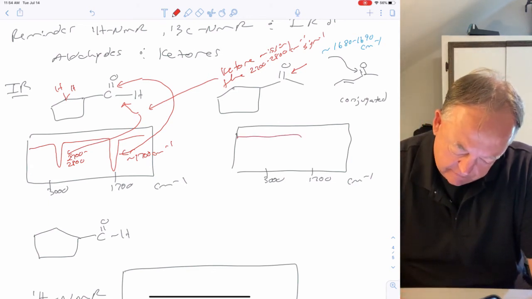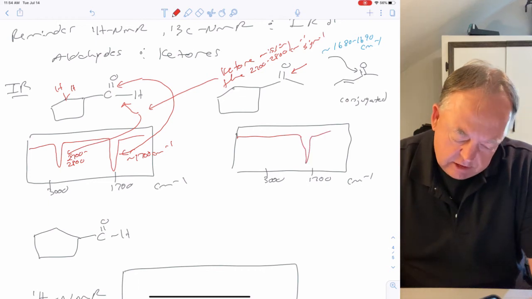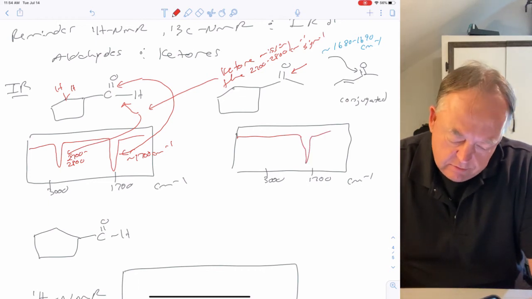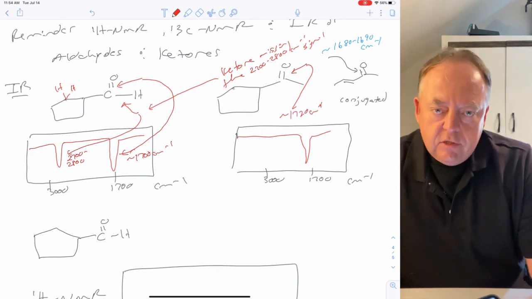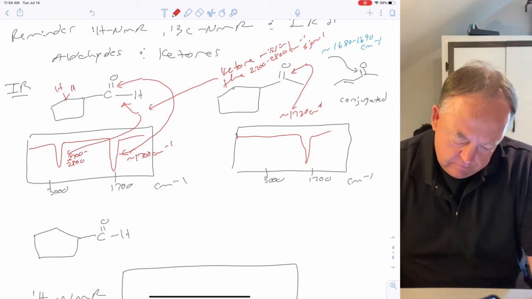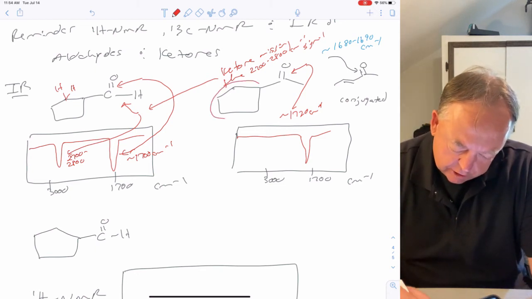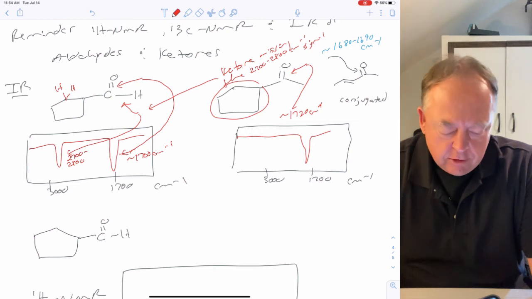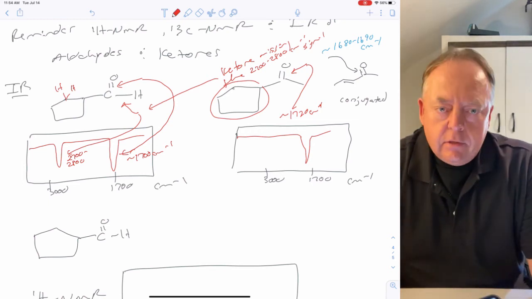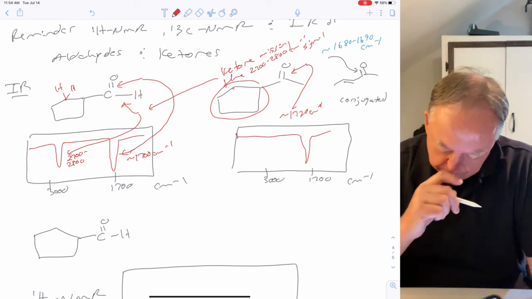So this would just have the C double bond O stretch around 1710, 1720 centimeters. And of course you would still have the CH stretches for this around 2900, but that's going to be the same in the aldehyde as well.